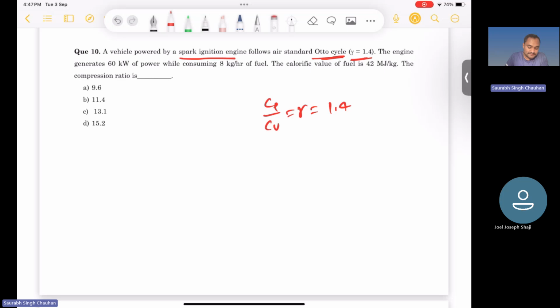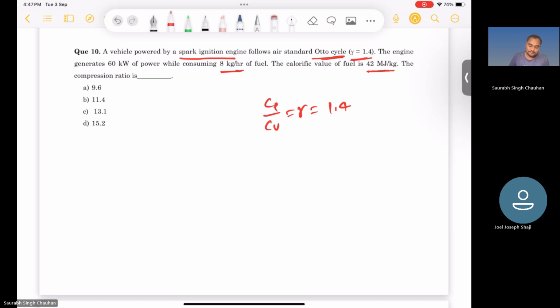The engine generates 16 kilowatt of power while consuming 8 kilogram per hour of fuel. This is the fuel consumption rate. The calorific value of fuel is 42 megajoule per kg, and we have to tell what is the compression ratio.